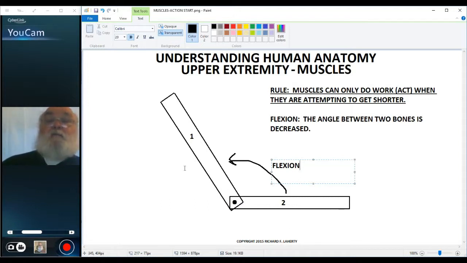So this angle between the two bones is made smaller. So we are flexing this joint.